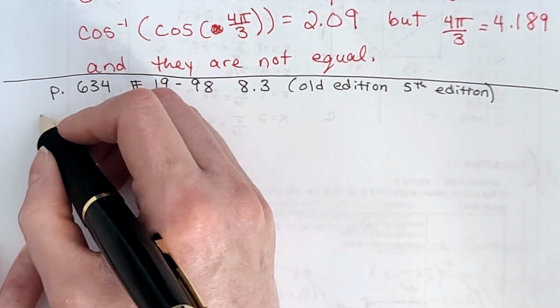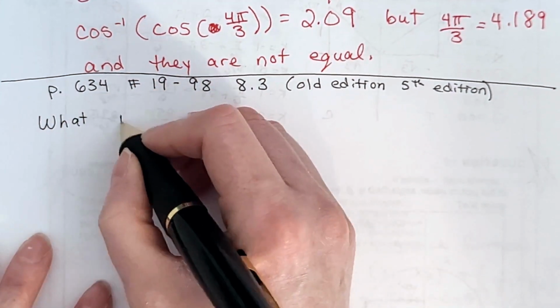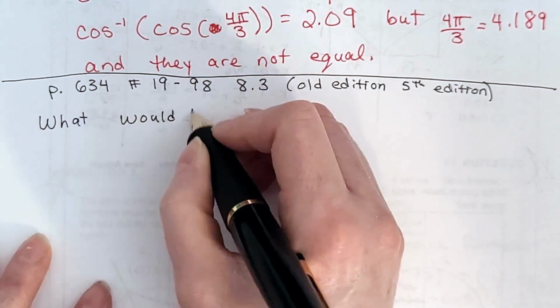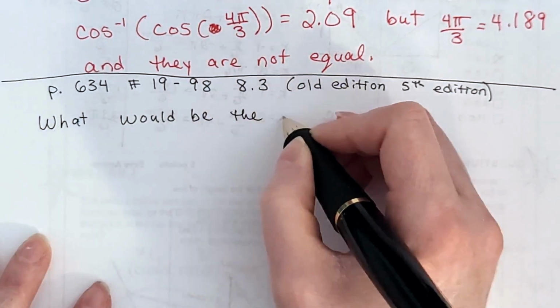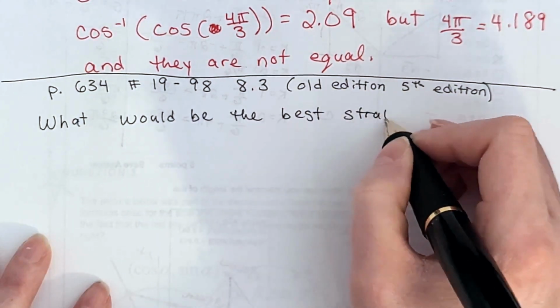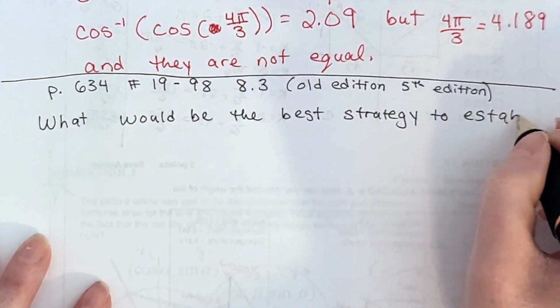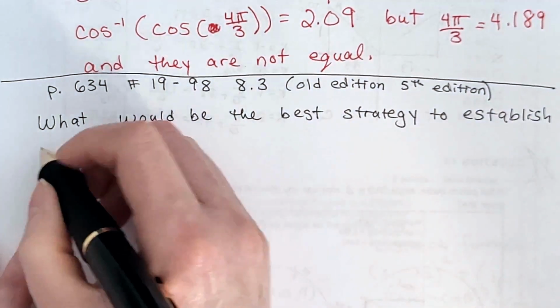I would definitely go through that section, make sure you understand the proofs. So what would be the best strategy to establish the identity?